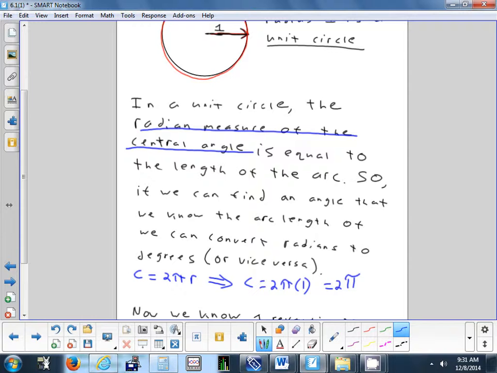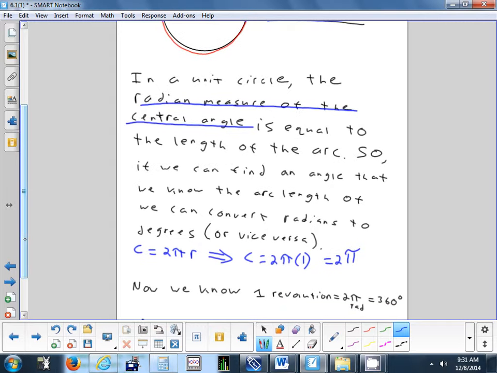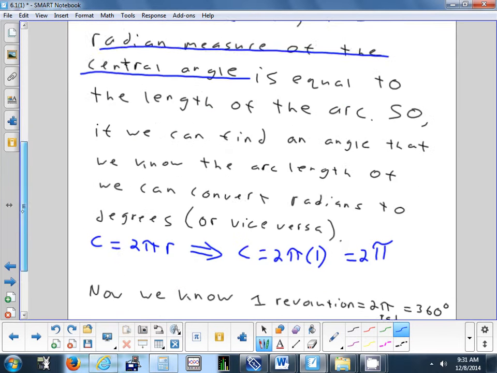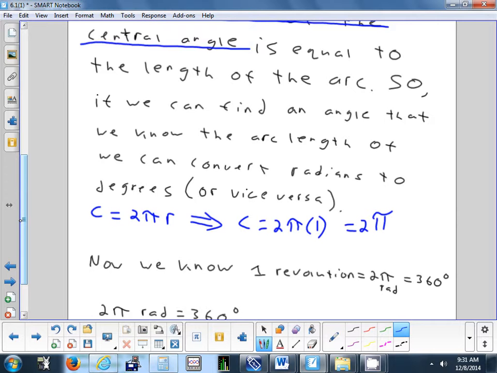Yep. Well, we know the length of the arc is 2 pi. So if you measure the central angle in radians, it is also 2 pi. So that tells us that if you have an angle that goes all the way around, makes a full revolution, 360 degrees is exactly the same as 2 pi radians.